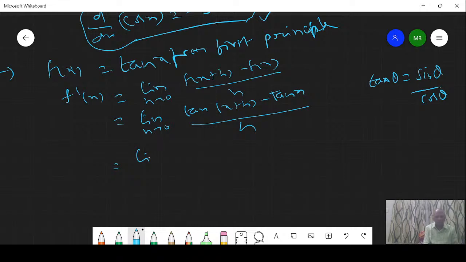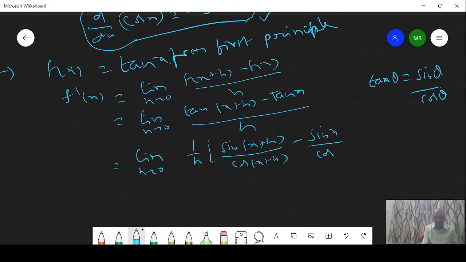Similarly, I can write limit h tends to 0, 1 by h into sin of (x plus h) by cos of (x plus h) minus sin x by cos x.